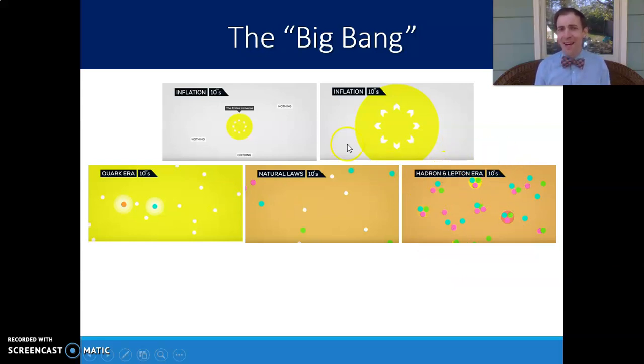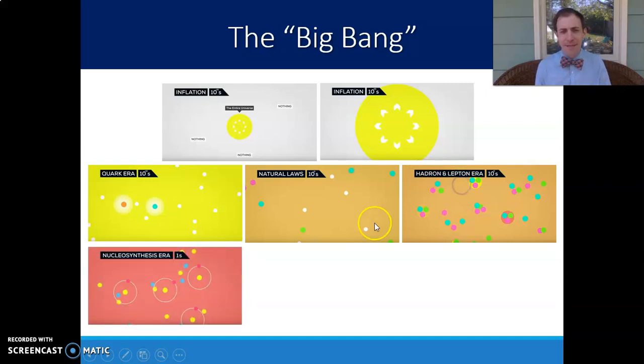And then once those natural laws are in place, this is when the quarks start forming into hadrons, leptons appear, and again, this is basically the beginning of protons and neutrons. Now, there aren't really elements yet. There's not really atoms. They're just these building blocks. The quarks being built into hadrons and leptons.